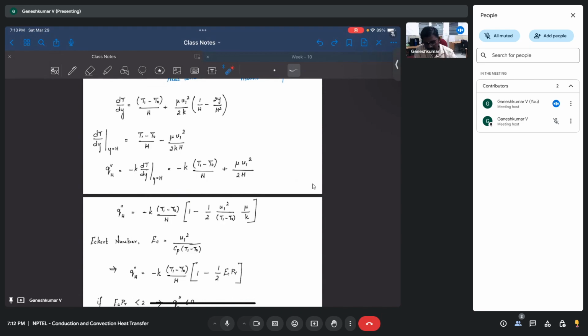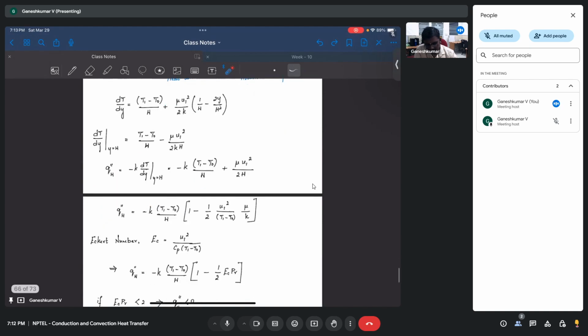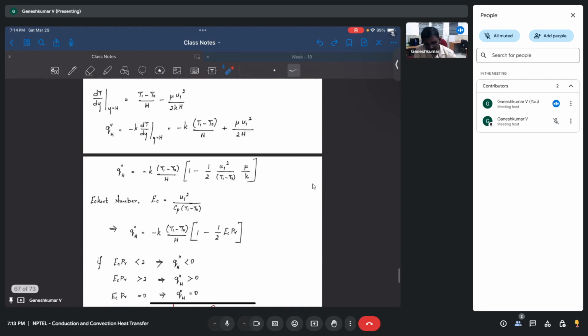At the top plate, if you take the temperature profile and differentiate it, you will end up having this. If you substitute in the heat flux at the top plate, you will end up having a heat flux relation, something like this.